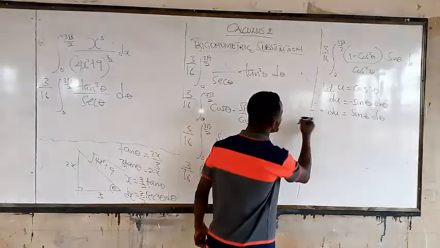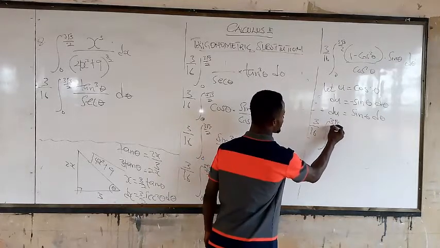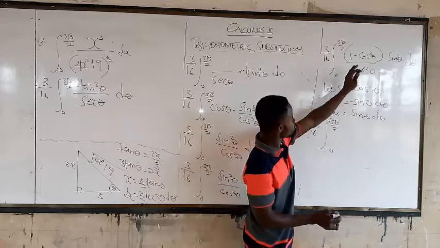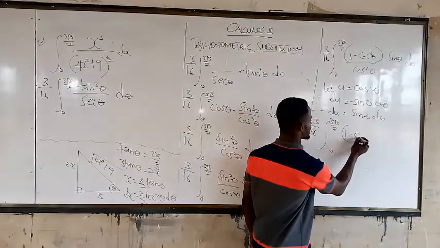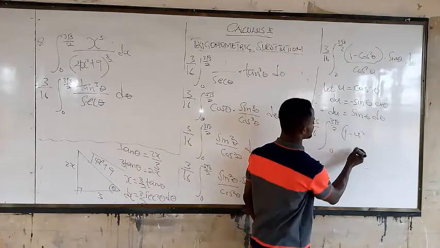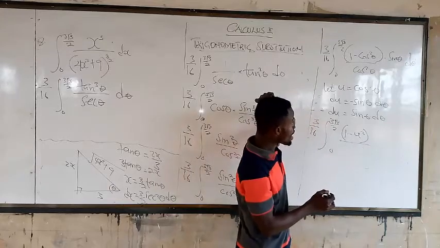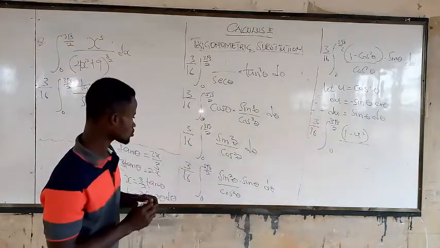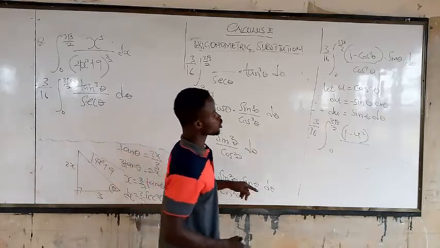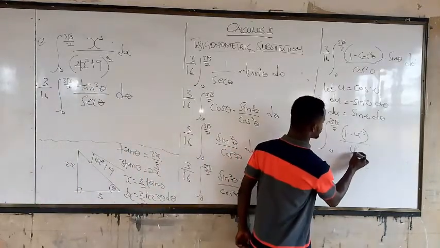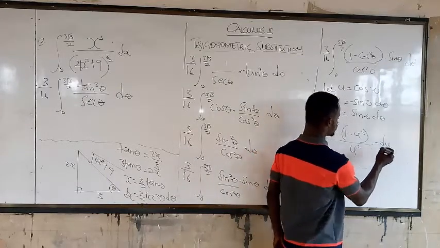So here we are going to get 3 over 16, square root of 3 over 2, zeros. Then with this, when you see cos, put u there. 1 minus u squared over u squared, and all of this is negative du.